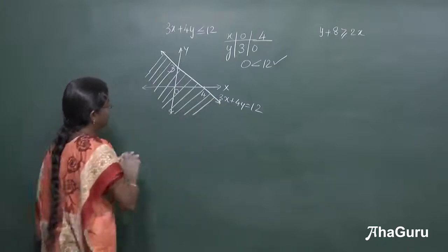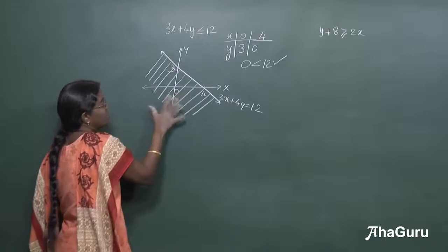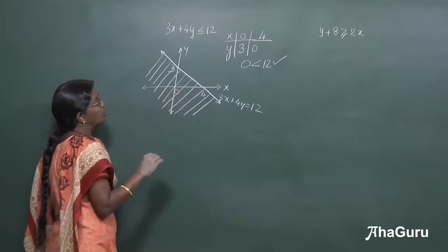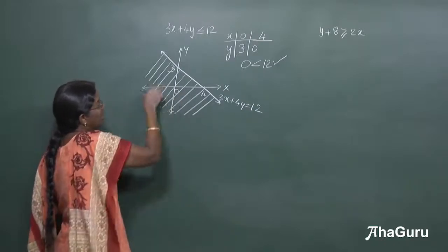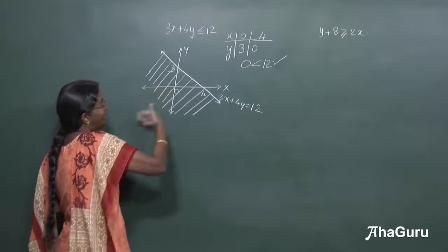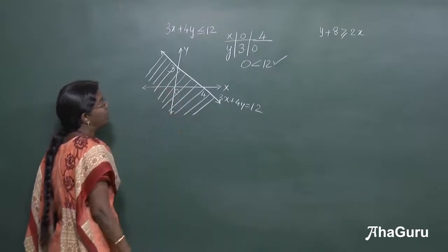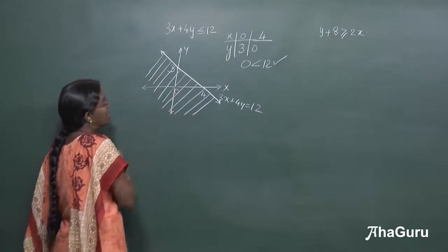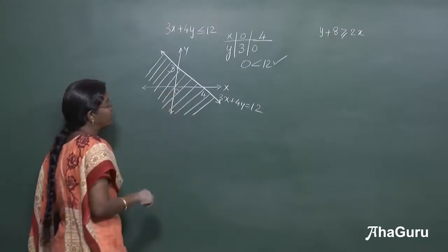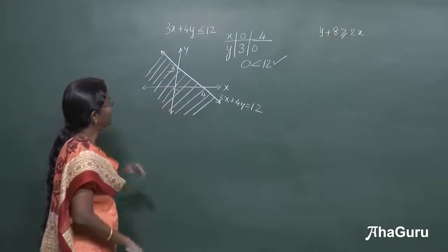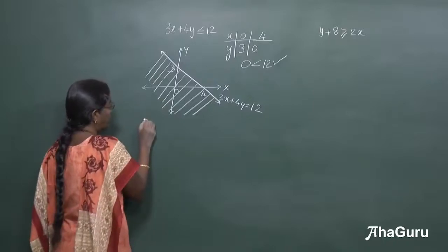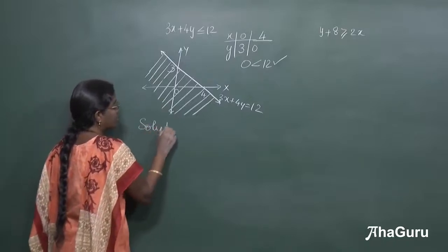When you're going to shade it, don't scratch it, it will look too ugly. Shade the region only using scale and pencil here. Draw some parallel lines to indicate that the required region is towards the side of the origin, and you will write the solution as the shaded region.